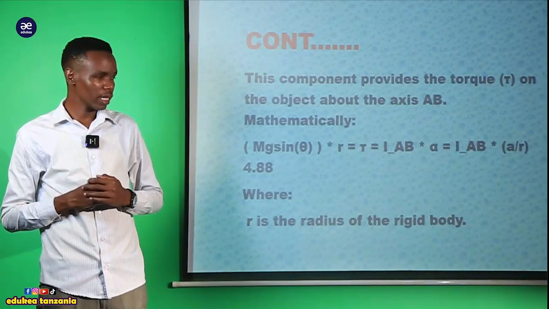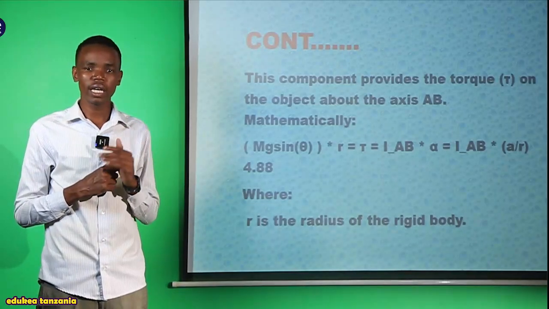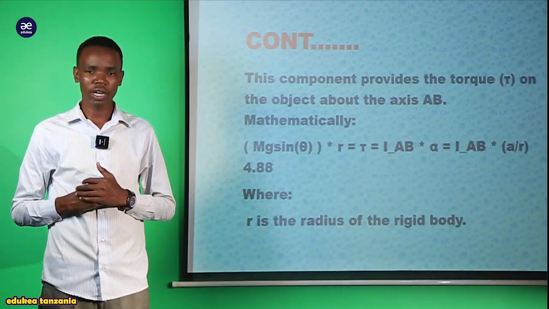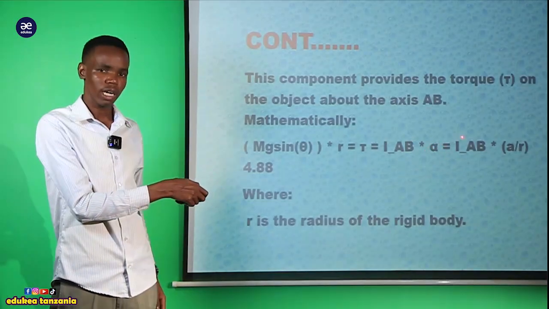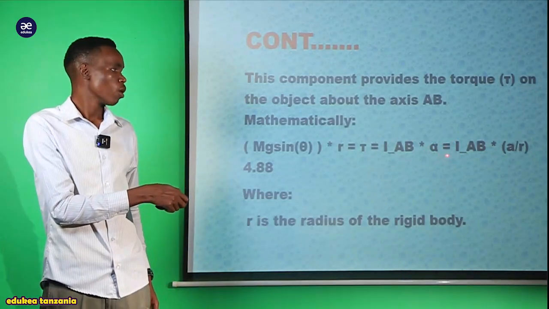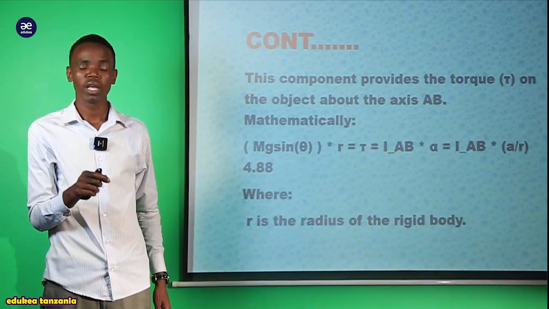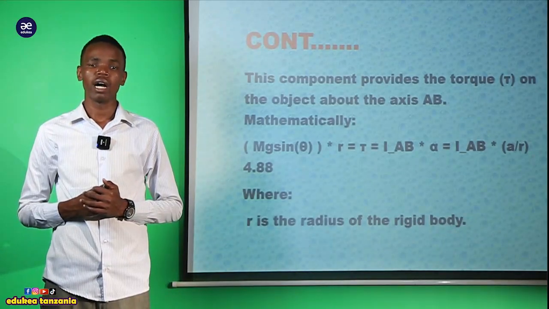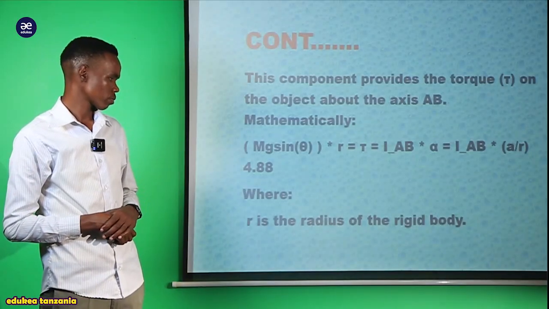But we know that the angular acceleration is equal to the linear acceleration divided by R. Instead of writing the angular acceleration here, we substitute its formula, the linear acceleration divided by the radius, as we see here.